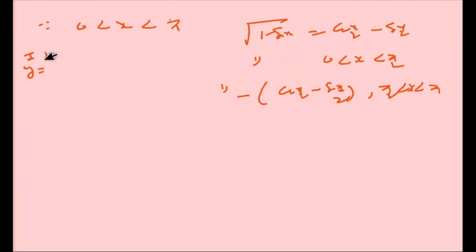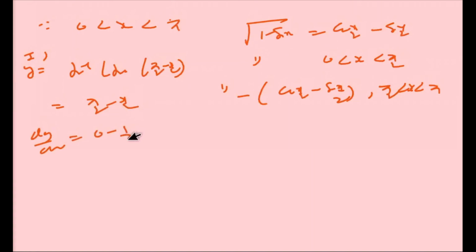In the first case, y equal to tan inverse tan of pi by 2 minus x by 2, so we get pi by 2 minus x by 2, and dy by dx is 0 minus 1 by 2 into 1, that is minus 1 by 2.